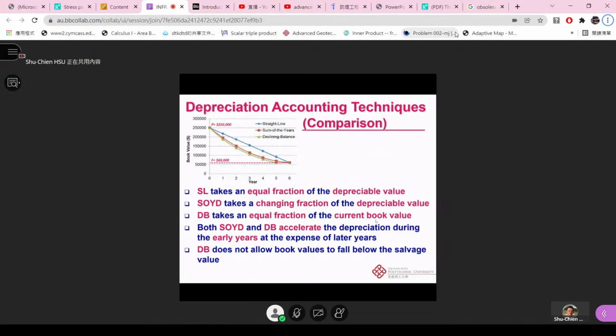The straight line method takes an equal fraction of the depreciable value, and the SOYD takes a changing fraction of the depreciable value. And the DB takes an equal fraction of the current book value, and both the SOYD and DB accelerate the depreciation during the early years. So DB does not allow the book value to fall below the salvage value.